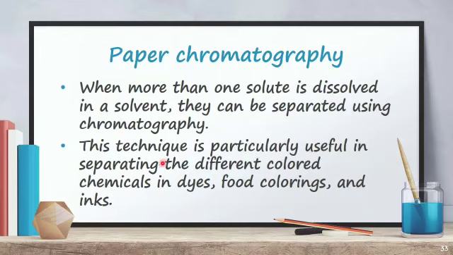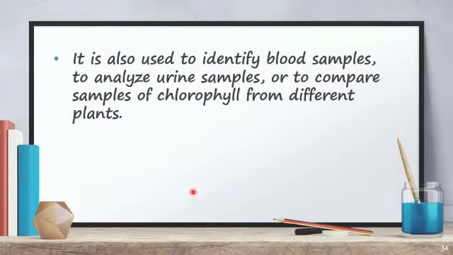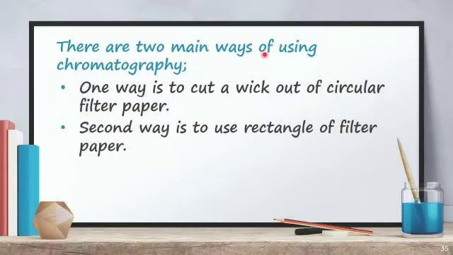This technique is particularly useful in separating different colored chemicals, different pigments, and food colorings. It is also used on laboratory samples like blood samples and urine samples, and it compares the samples of chlorophyll from different plants.